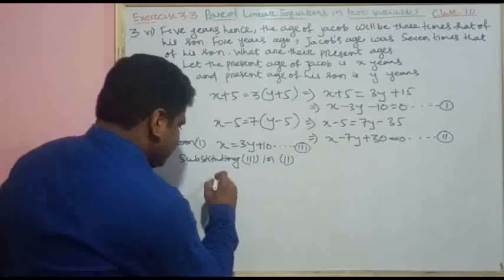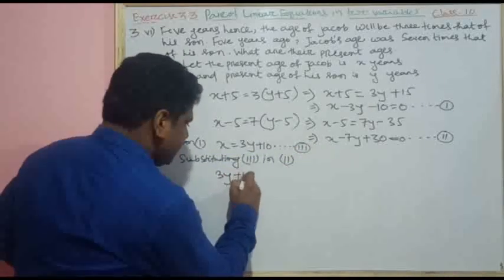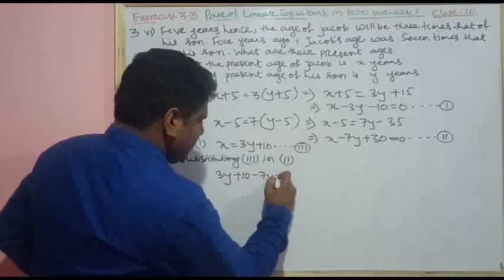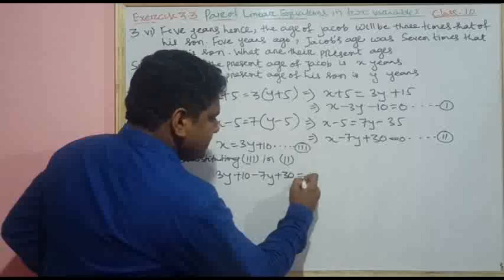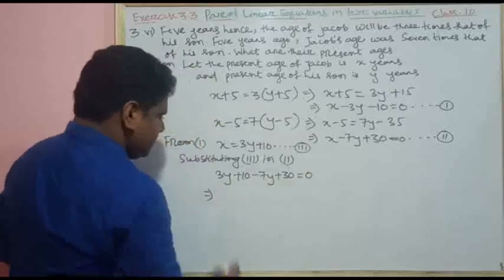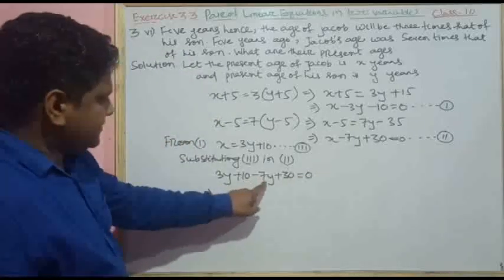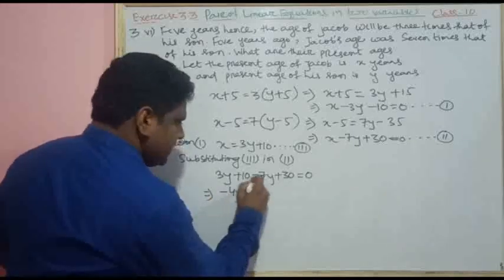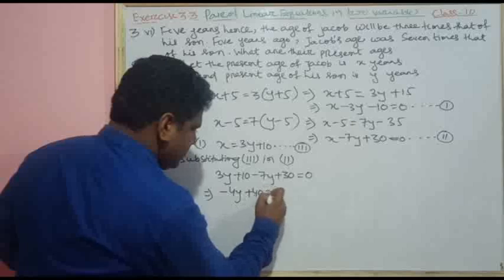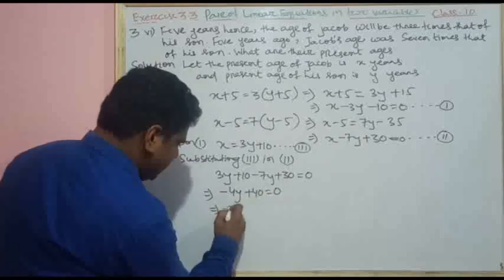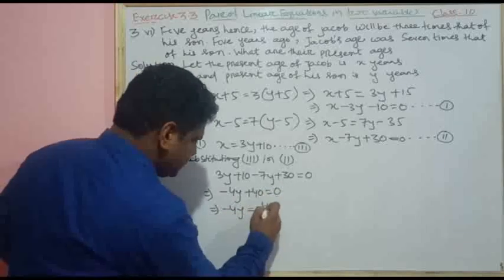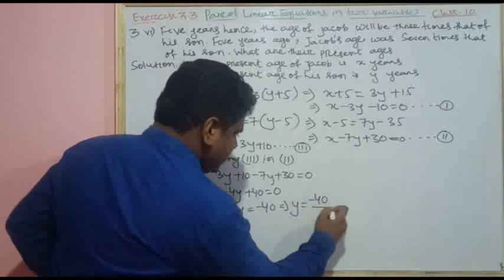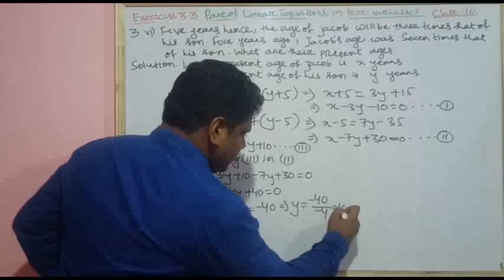So 3y plus 10 minus 7y plus 30 is equal to 0. This implies that 3y minus 7y is equal to minus 4y, 10 plus 30 is 40, equal to 0, so minus 4y is equal to minus 40, which implies y equals minus 40 divided by minus 4, which is 10.